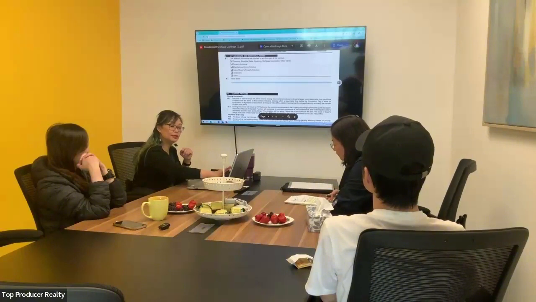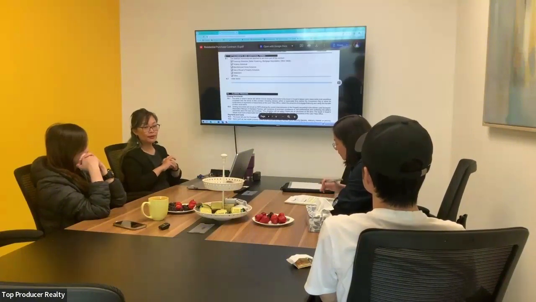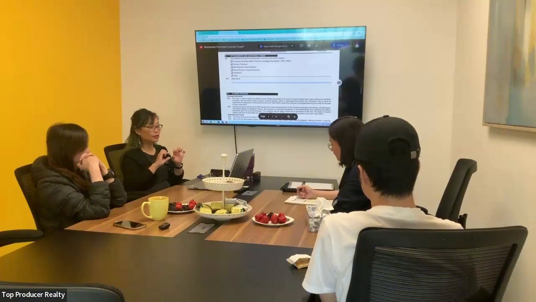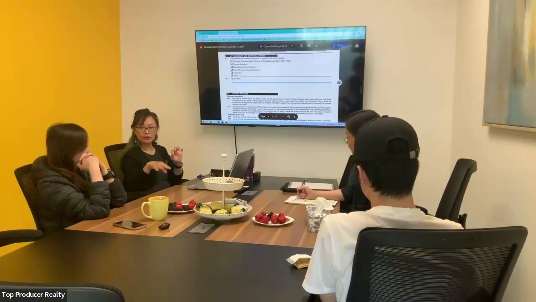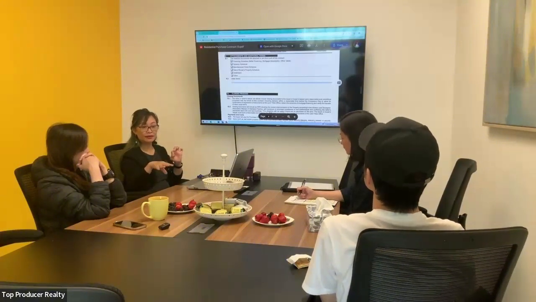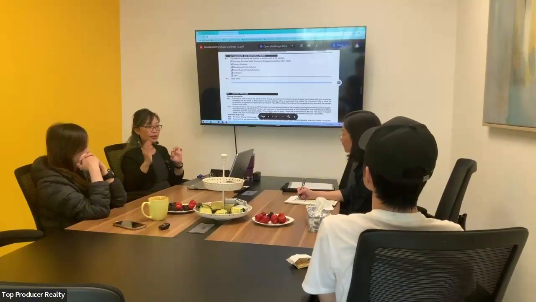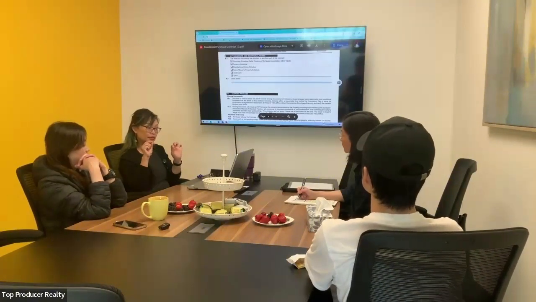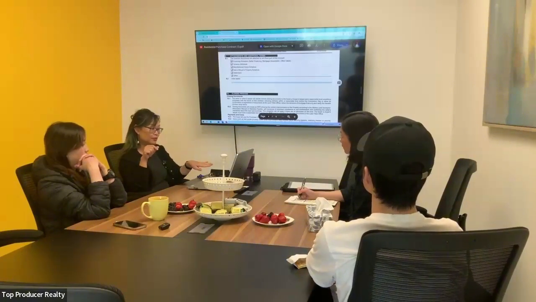Remember, we mentioned if the buyer puts in the offer, but they need to sell their house. If they put that as a condition, the sellers still have the right to stay active on the market. And when there's an offer coming, they need to disclose there's a special clause offer. That's this one.